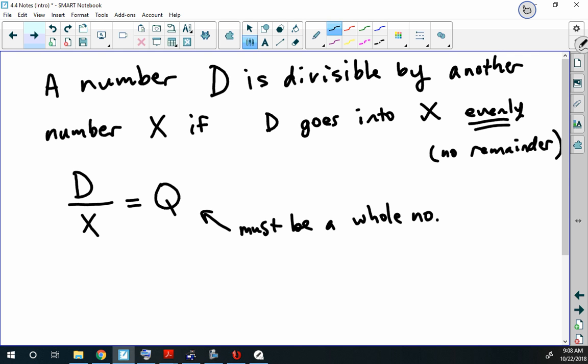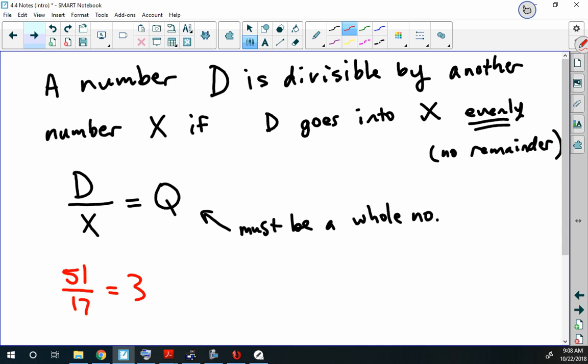We would say D is divisible by x. Now, it's kind of interesting. If you divide D by x, you get Q. Let's throw some real numbers at this. We talked about 51 earlier, right? 51 is divisible by 17 3 times.